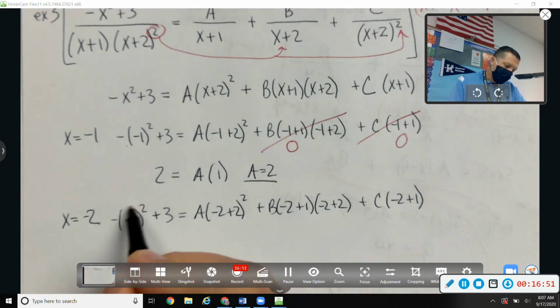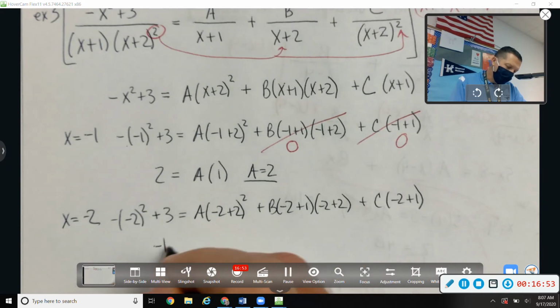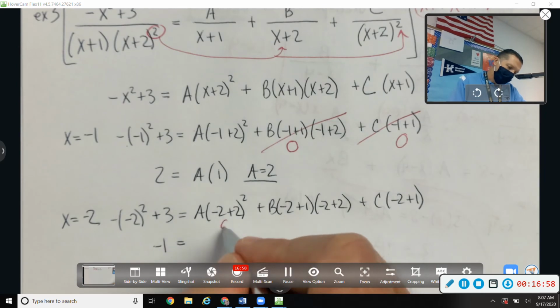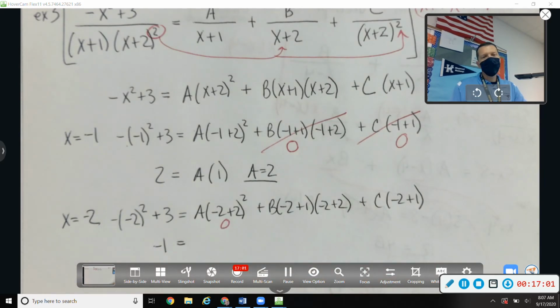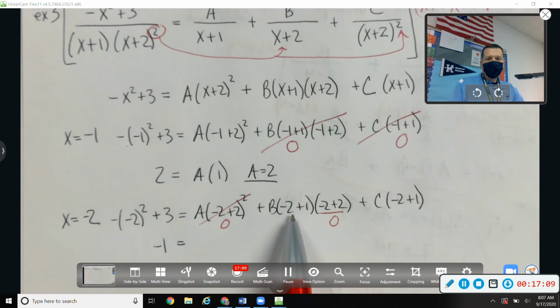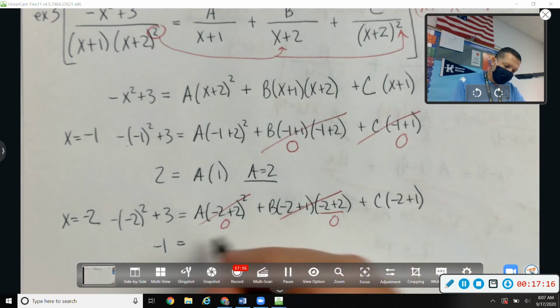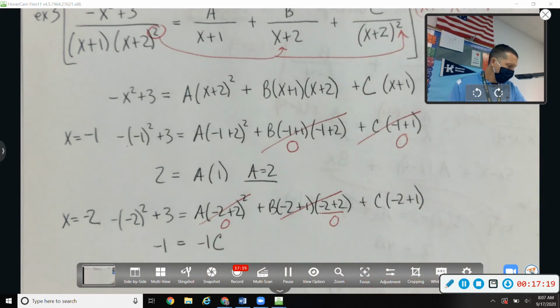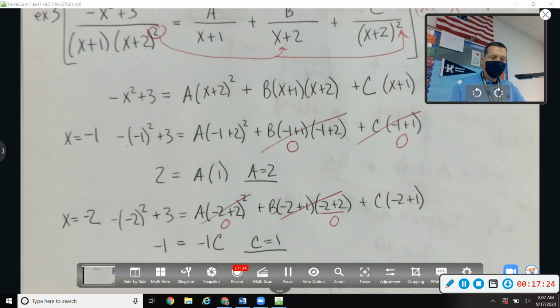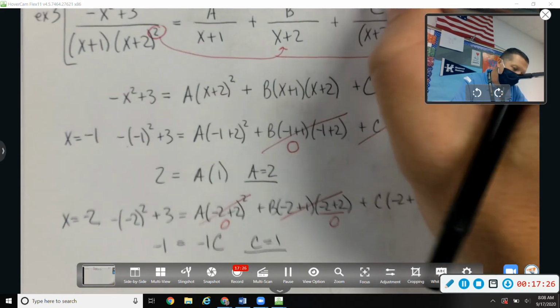That's -4 plus 3, which is -1. That A term is 0, so that's gone. This term is 0, so it doesn't matter what B is, when we multiply by 0, that all goes away. And we're left with -1 times C. So C equals 1. Great pick for x, that helped us out a lot.